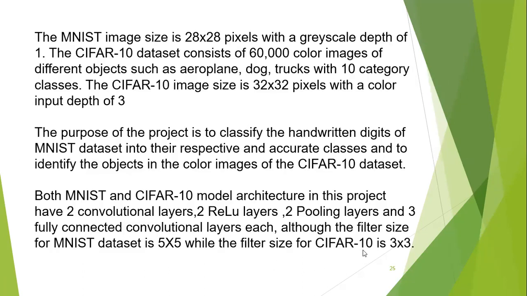Because the CIFAR images are already big, we need to use a lower weighted filter to help in the computation. That's why we didn't use 5 by 5 just like in MNIST, because MNIST is just grayscale.